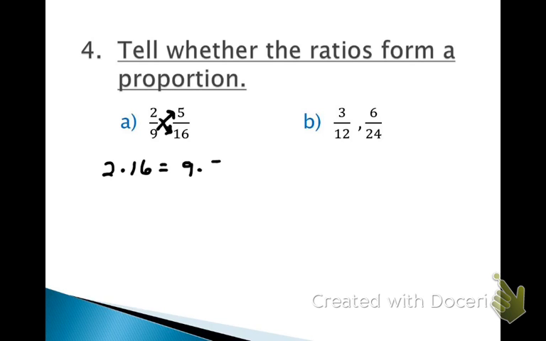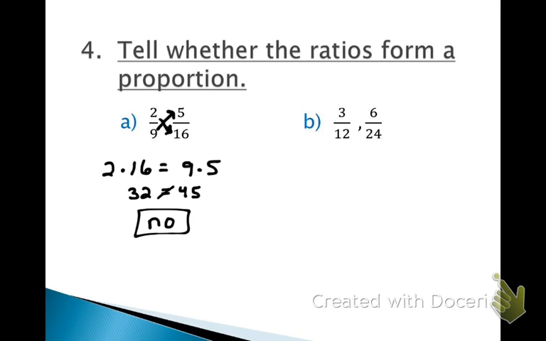What is 2 times 16? 32. What is 9 times 5? 45. Does 32 equal 45? No. I'm going to put this little slash through it because that means it does not equal, but you're going to write the answer no. So those two are not ratios that form a proportion.